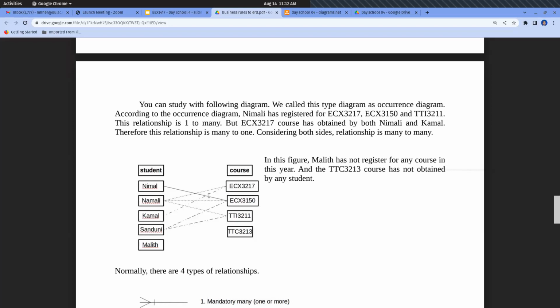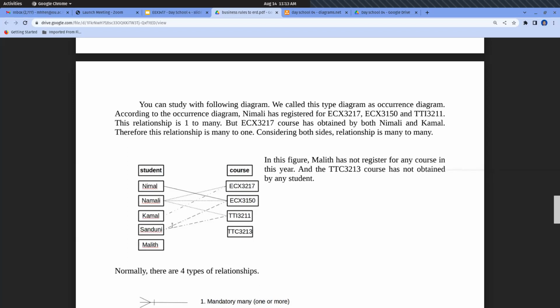These students have got this course, and these students have got 2 courses, and for these courses no students registered. This student has not got any course. So these are called not obligatory.